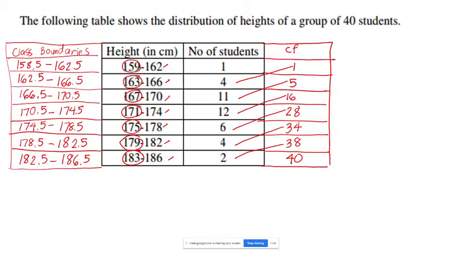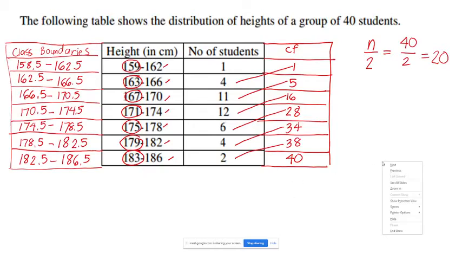Now, what do I really need to do here? I need to locate n over 2, the median class. What is n, Section Galileo? 40 divided by 2 is 20. What is the first number there in the CF greater than 20? Okay.